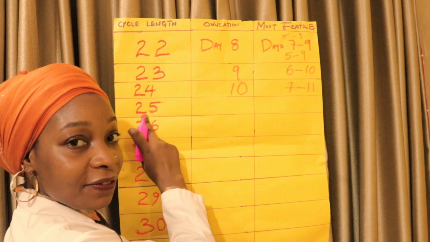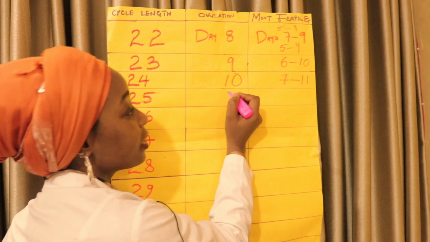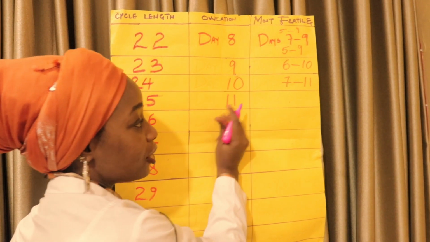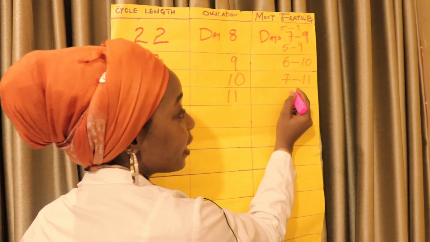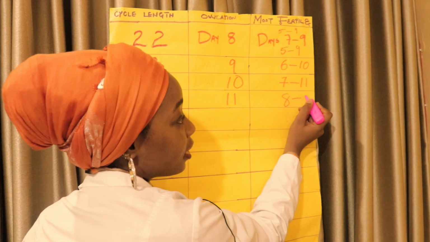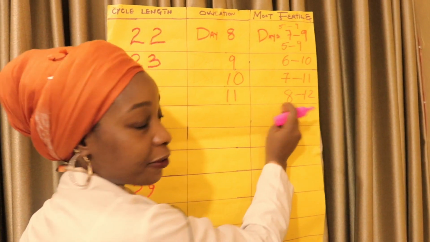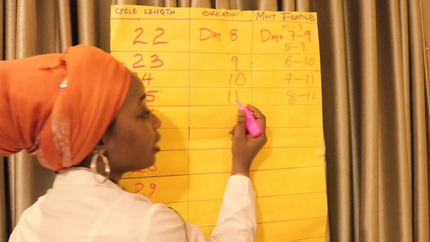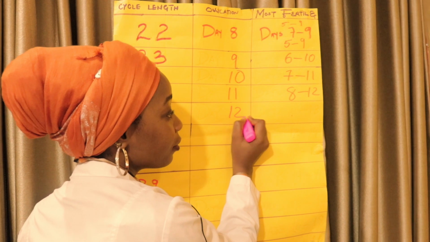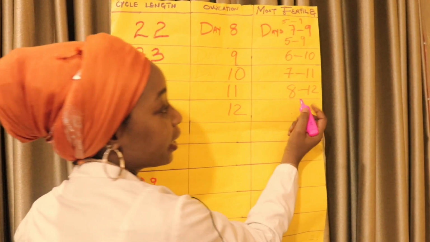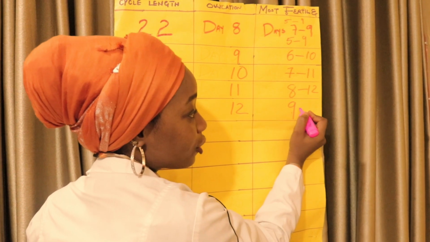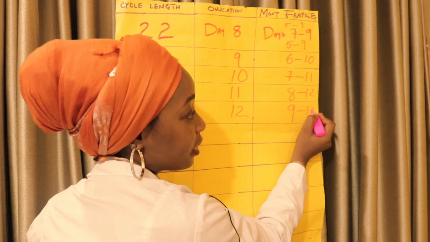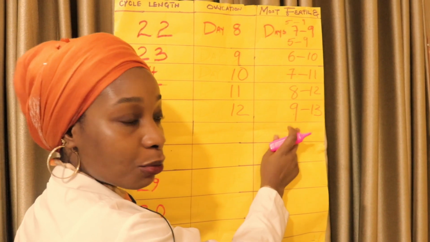For a 25 day cycle length, day 11 is your ovulation, and day 8 till day 12 is your fertile window. For a 26 day cycle length, day 12 is your ovulation day. Day 9 to day 13 is your fertile window.